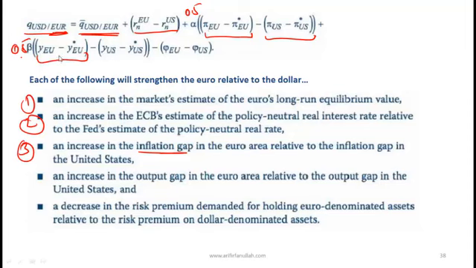If the output gap in the Eurozone is relatively high compared to the output gap in the US, that also will cause the real exchange rate to go up. And finally, a decrease in the risk premium demanded for holding euro-denominated assets relative to the risk premium on dollar-denominated assets will cause an increase in the exchange rate.